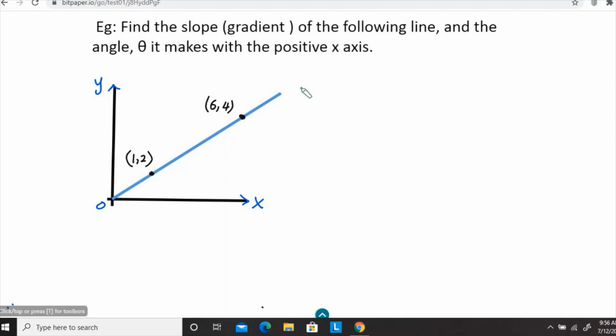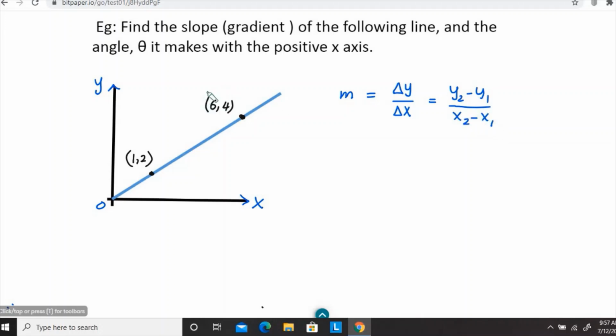Okay, let's do this example. Find the gradient or the slope of the line given, and also find the angle it makes with the positive x-axis. So as we know, m gives you the slope, and that is defined as the change in y divided by change in x, or I can further write it as y2 minus y1 divided by x2 minus x1.